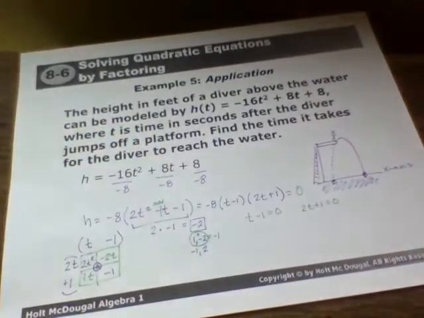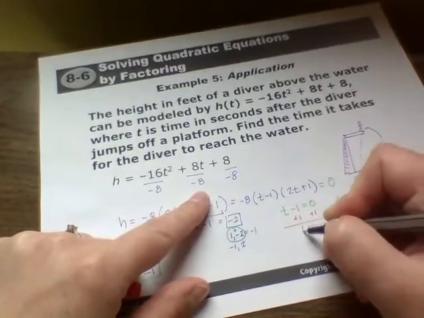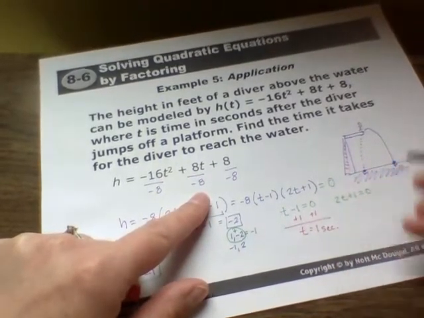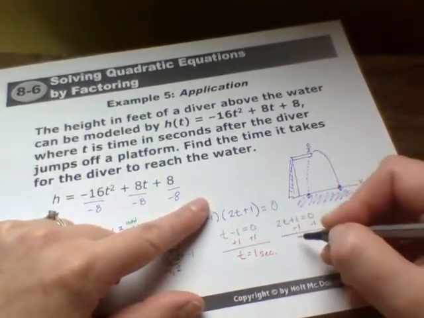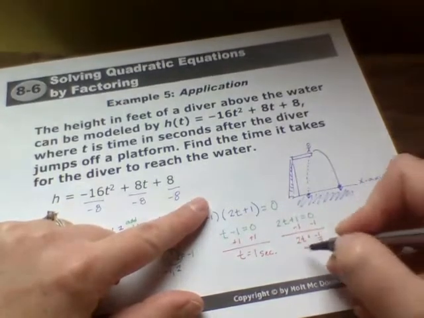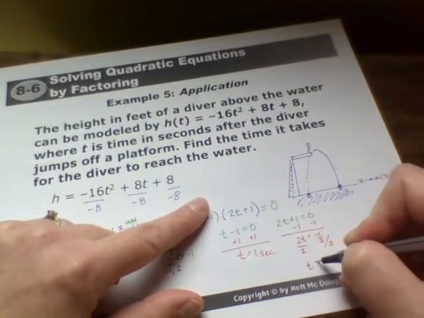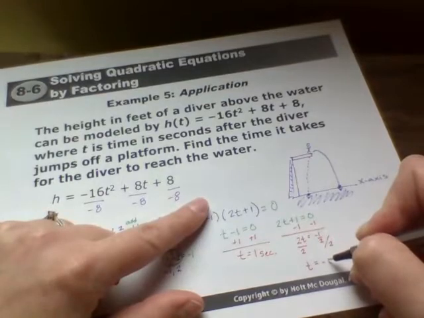And so in that case, we could solve these, adding a 1 to both sides, and get a time of 1 second. Or we could solve this one by subtracting a 1, dividing by 2, and getting negative 1.